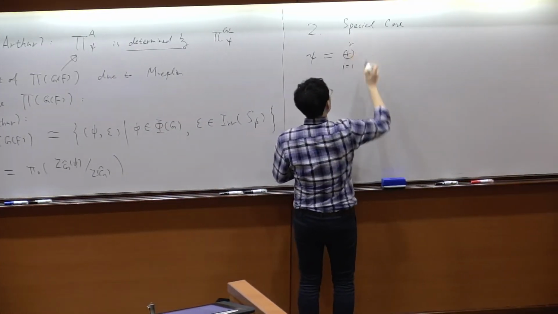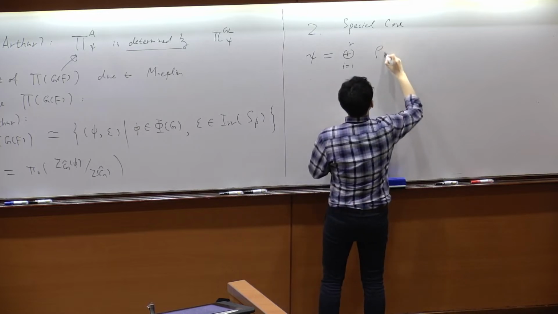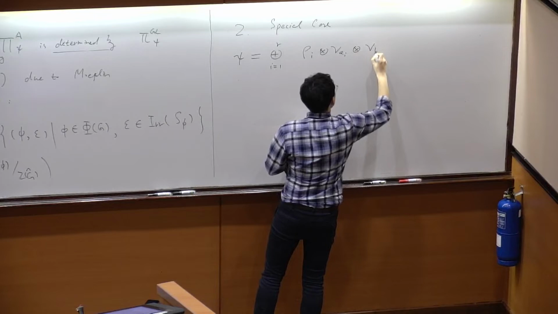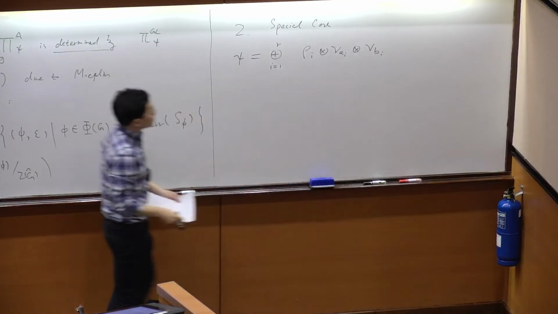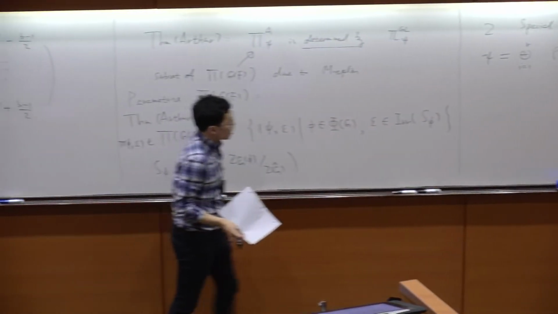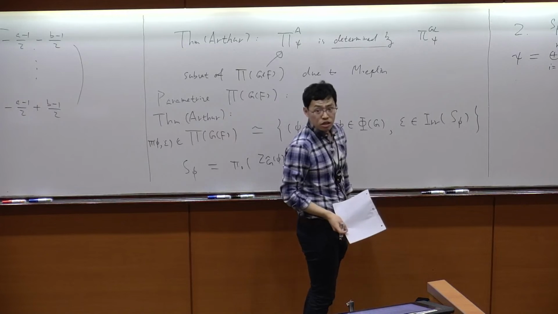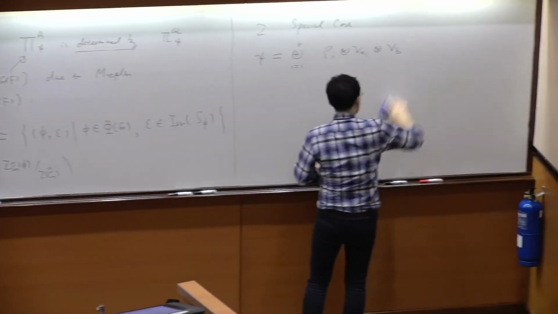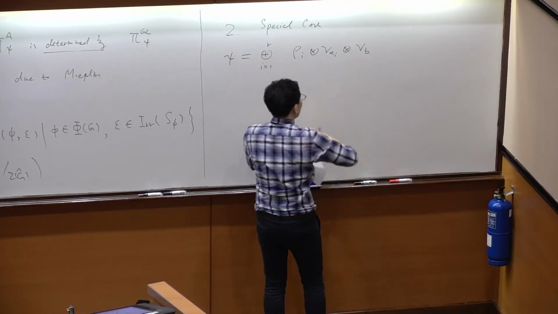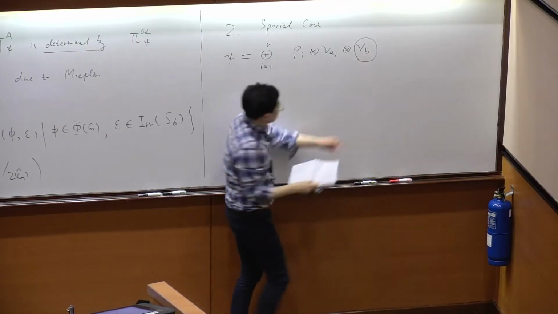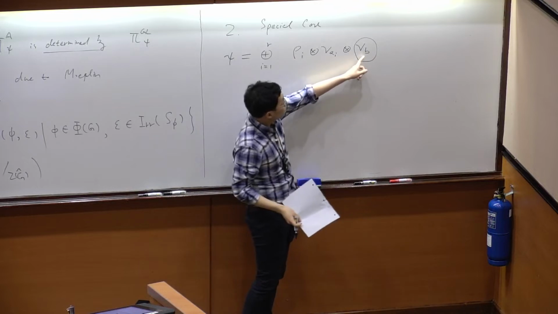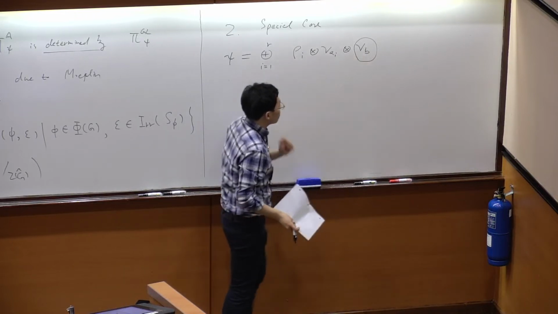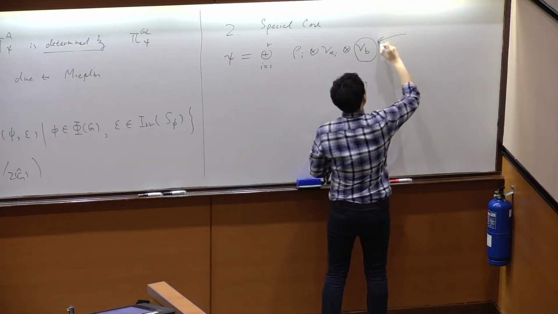And I'll index them from 1 to R. So each component will be indexed by this i. Okay? And I say this is a special case, so I need to put some conditions. So the condition will be, if you look at the second SL2 and the corresponding representation, so presumably it will be nu B, nu B_i, so it can be different, but here I want to fix this.